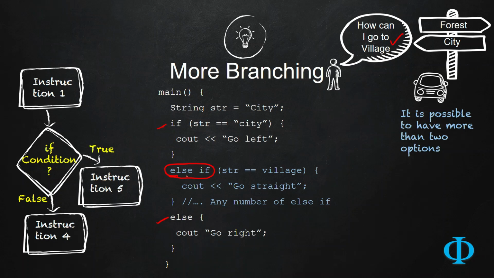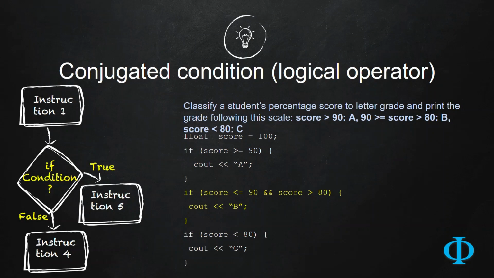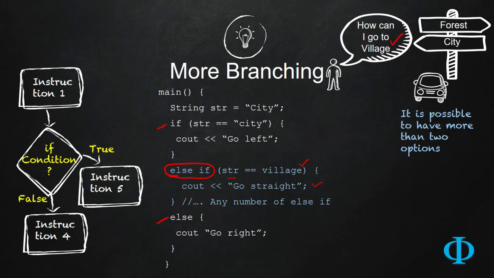So here is an option, else if str equals village. If the value inside the string is village, then go straight. Now instead of village, you may think of going to river or something. For that also it is possible to write one else if statement for river.